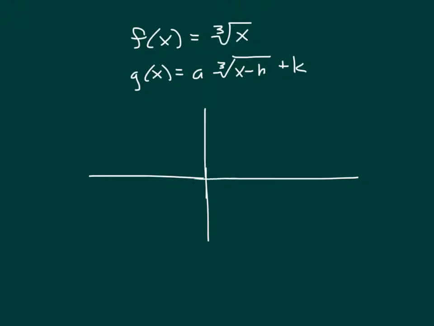Being a perfectionist, so it's going to go through the origin. Cube root's going to look something like this. We're not going to go into detail on this because the process of graphing these is exactly the same as square roots. It's just now you have this parent function as opposed to our square root parent function, which was just here.